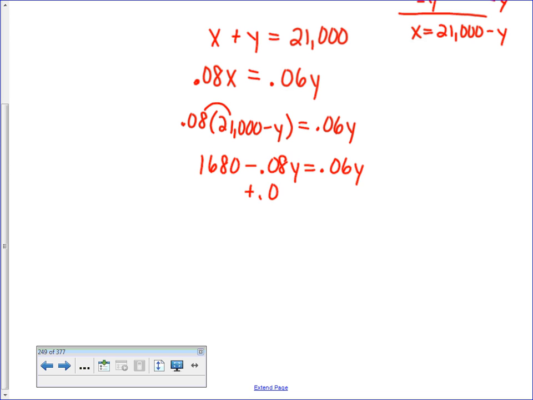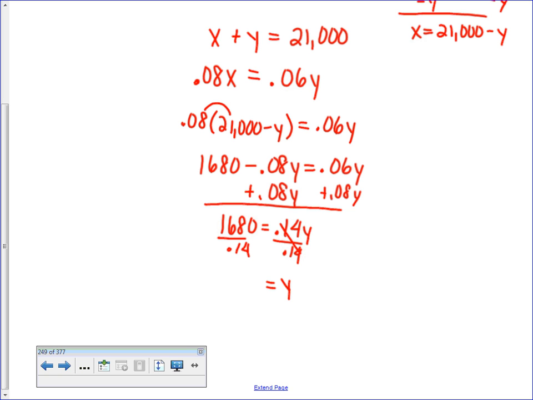I'm going to add 0.08y to both sides, and I'm going to get 1,680 is equal to 0.14y. And again, we have the use of the calculator, so take each side divided by 0.14, and I'm going to get y to equal $12,000.